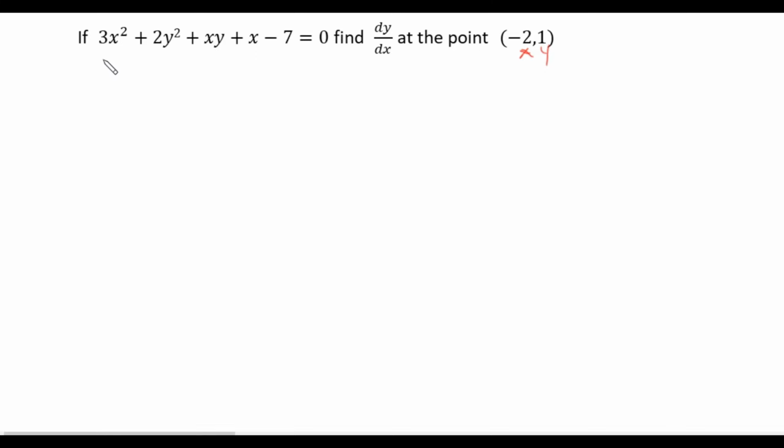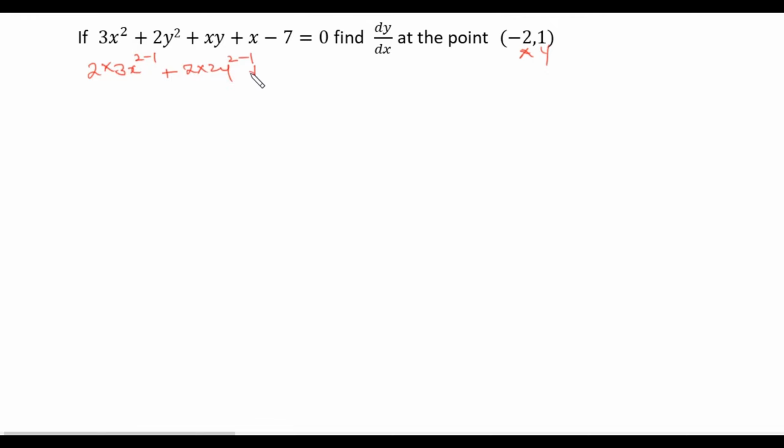I'm going to take my time to explain this for you to grasp the concept. So let's start. This becomes 2 times 3, the power, subtract 1. Do the same thing for this: 2 comes down, 2 times 2y, 2 minus 1.